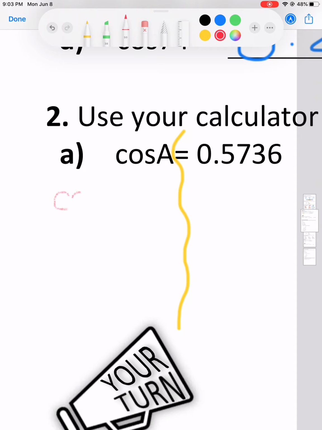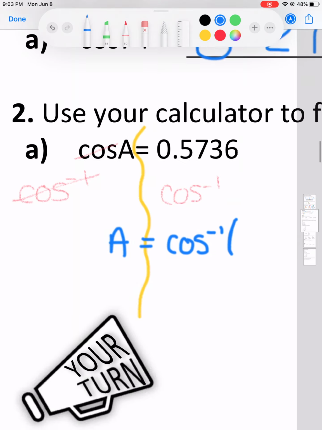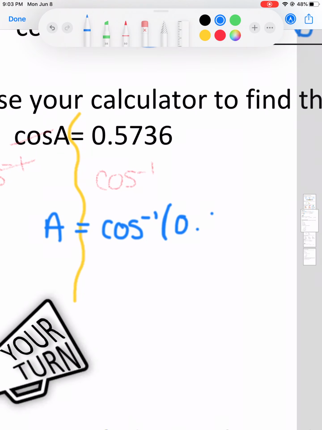Okay? If we do cos to the -1, what you do to one side, you do to the other. That means this and this will cross out. So it's going to look like cos to the -1, 0.5736.